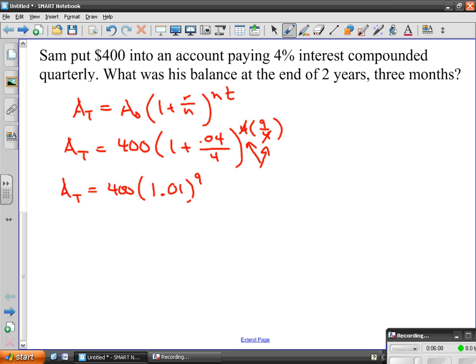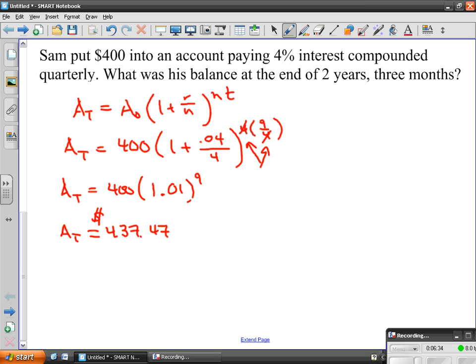Now it's time to grab the calculator. And I'm going to type in 400 times 1.01 raised to the 9th. And I am going to get as a total number here. So again, it's messy. So total amount equals $437, and I'm rounding to the nearest penny, so 47 cents.